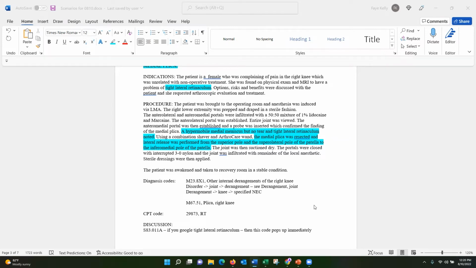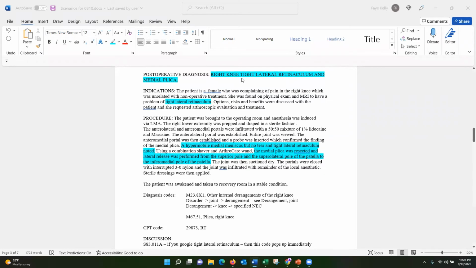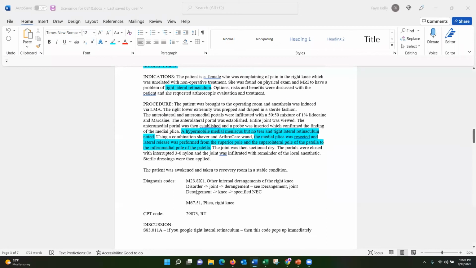I went to disorder of the joint because tight retinaculum is not in your index. So I went to disorder of the joint, and it sent me to derangement. Derangement, joint, derangement, knee is where I ended up, and I used specified, not elsewhere classified, because I know what's wrong with this patient.